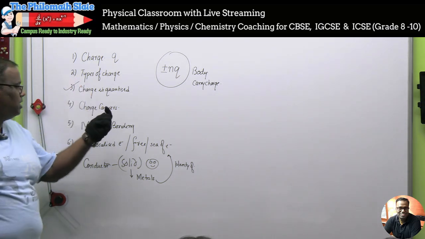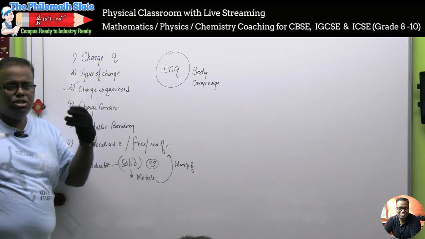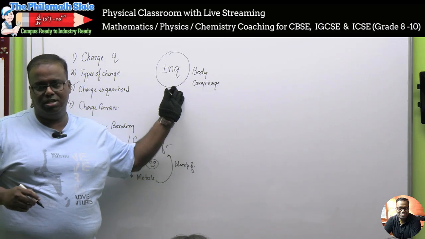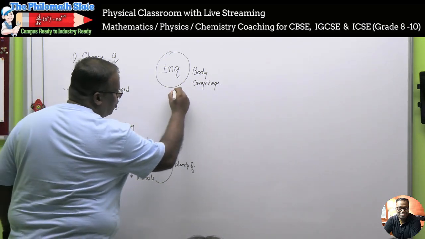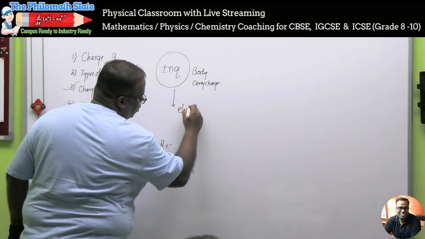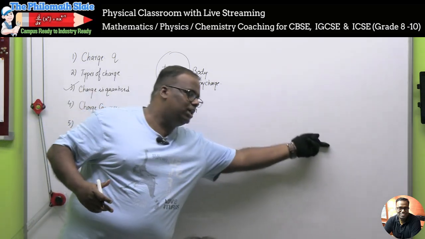Charge carriers. Somebody asked about charge carriers. Who asked? You. Charge carriers means, since we have not seen charge, all we see are charged bodies which carry charge. One of the charged bodies with which we will go ahead in this chapter is the electron. Why? Because in every bonding, it's the electron that gets transferred.